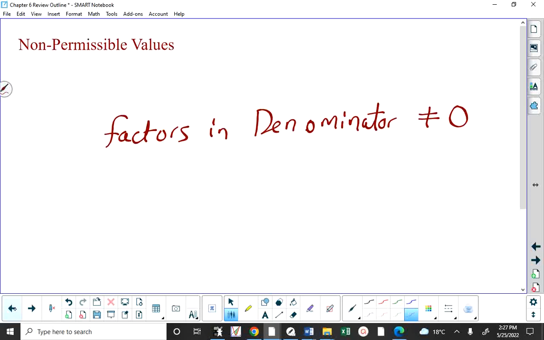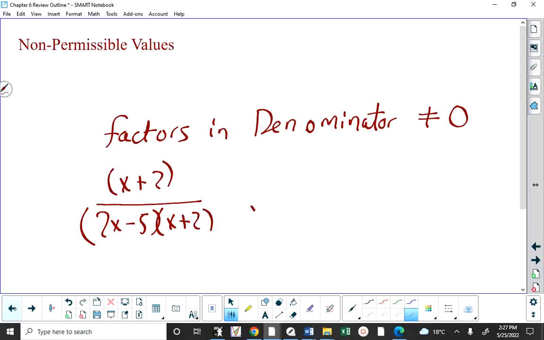It means that if I had something in factored form, that x would not be allowed to be, in this case, 5/2 or -2. And I chose that example because even though the x plus 2's cancel, that non-permissible value survives, okay?